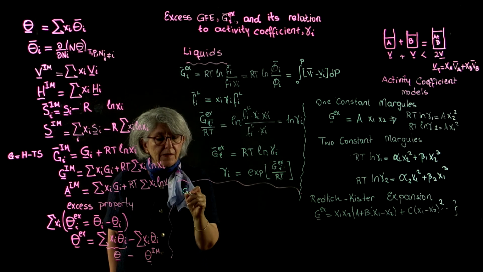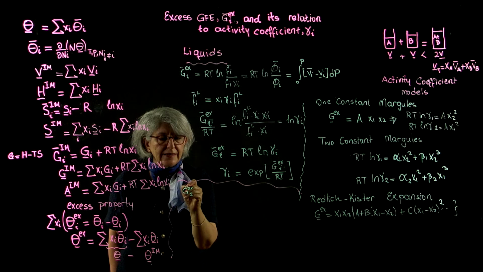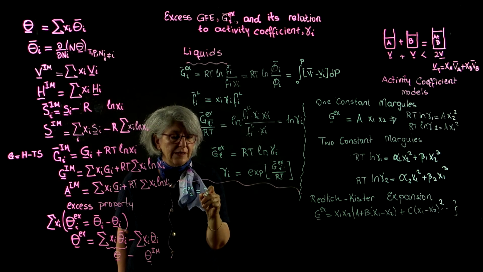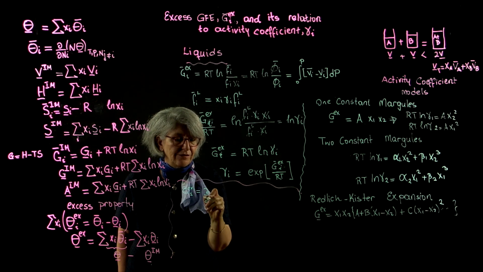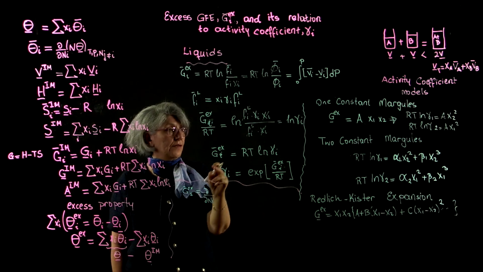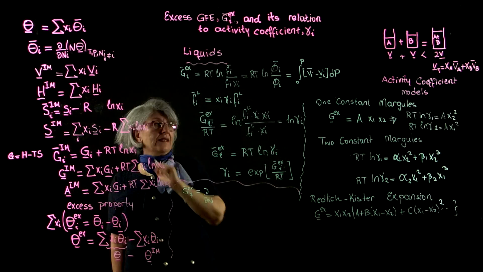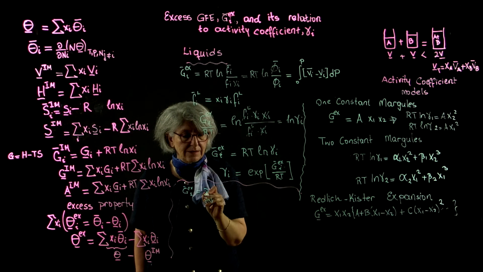G1 excess partial is going to be del over del n1 of total, and total is n times g excess, right?